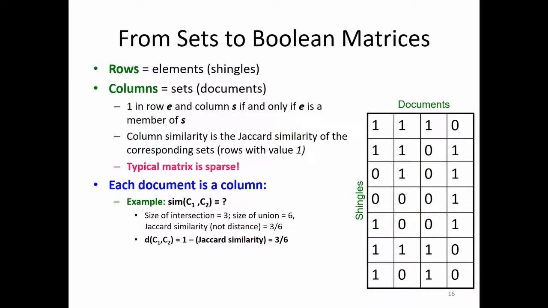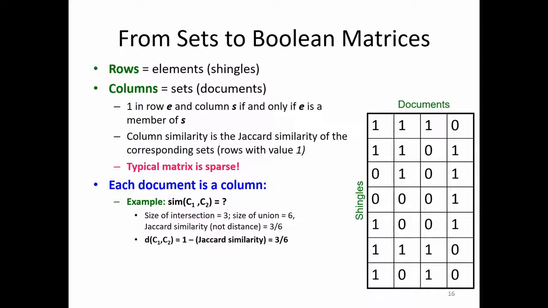Now, just for the analysis of the algorithm, you can think of this as a document matrix. This is not how we will actually represent the data, because this is wasteful. It is only for understanding purposes. So what is the document matrix?